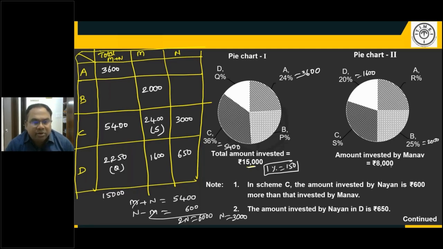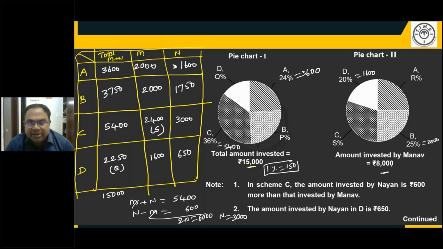If I remove 11,250, it will be 3,750. If this is 3,750, M is 2,000, so this should be 1,750. Now, total investment by M is 8,000. 2,400 and 1,600 make 4,000, and adding 2,000 gives 6,000, so this has to be 2,000. So N is 1,600 now.